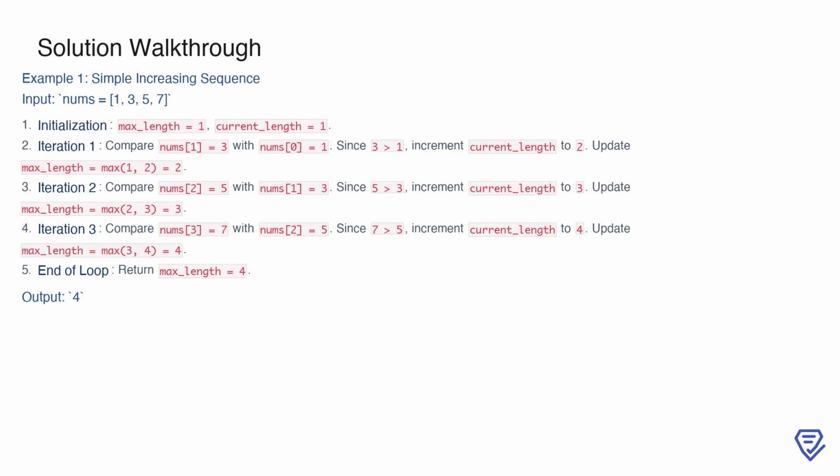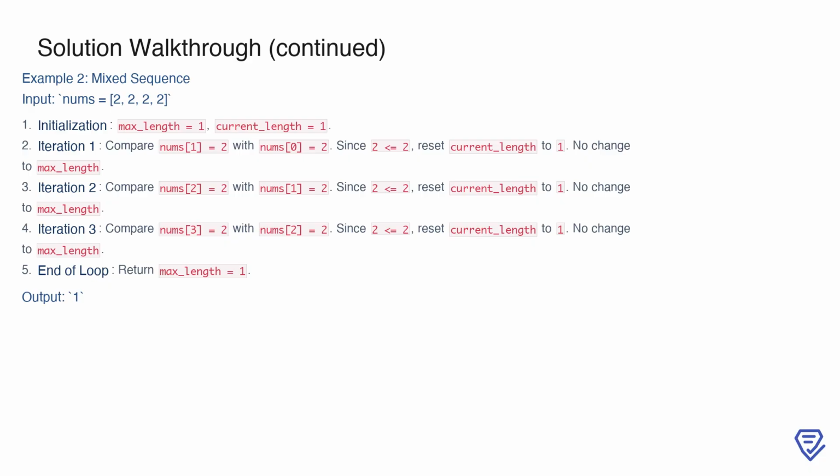Again, since 5 is greater than 3, the sequence remains increasing, so we increment current_length to 3 and update max_length to 3. Finally, comparing 7 with 5, we see that the sequence continues to increase, so current_length becomes 4 and max_length is updated to 4. After completing the iteration, we return max_length, which is 4, as the length of the longest continuous increasing subsequence.